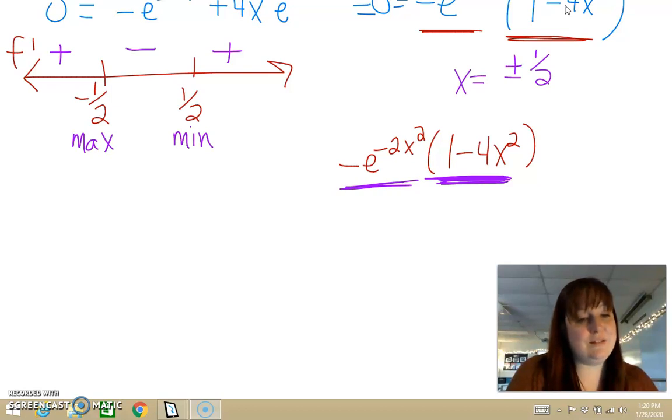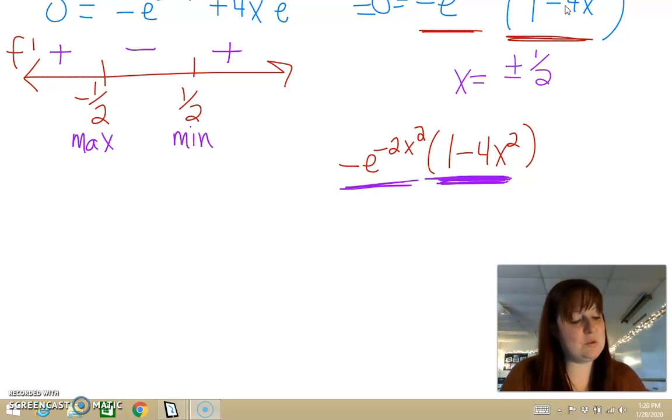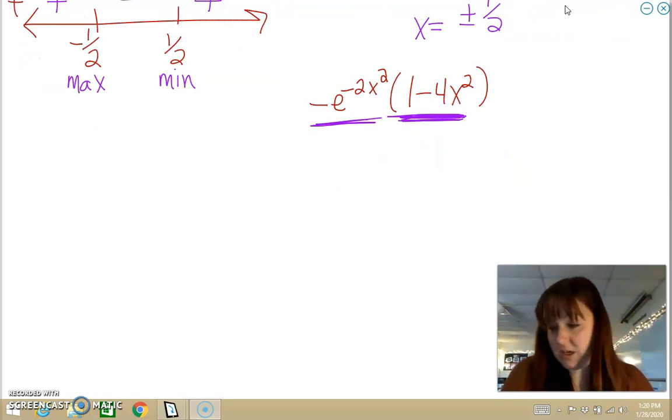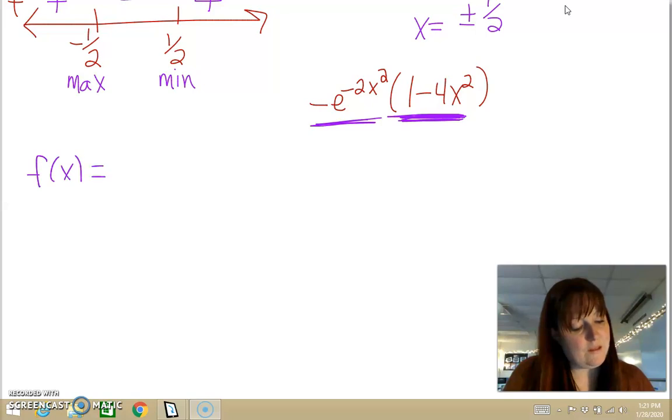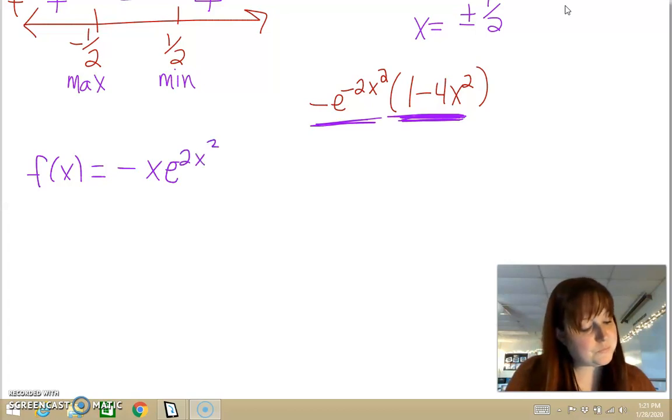And then I finally just have to plug those two back into my function to find the points. So remember, my function is negative x e to the negative 2x squared.